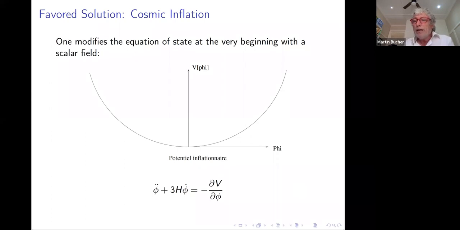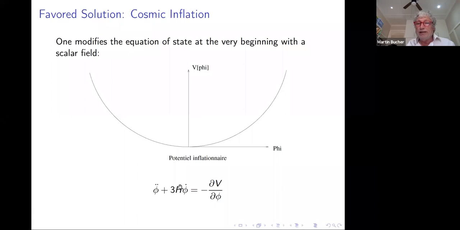So if you studied field theory, this would all be very familiar, but if not, this sort of looks like from your beginning classical mechanics course that you have a harmonic oscillator with some potential, but then there's also a friction term, except that the friction comes from the expansion of the universe.